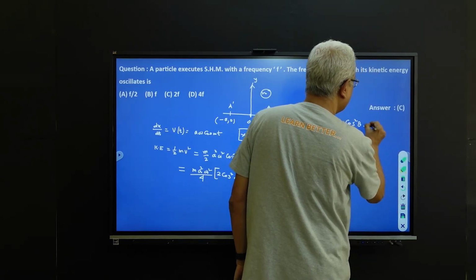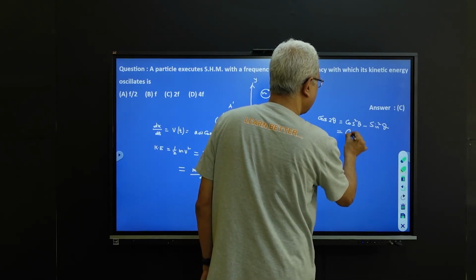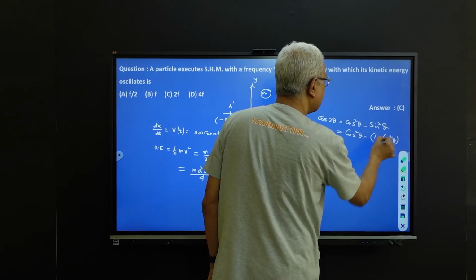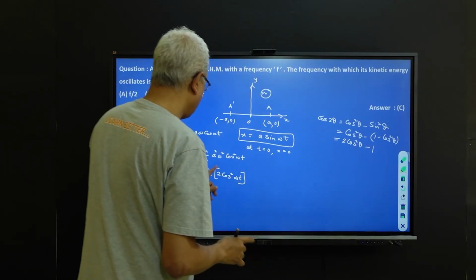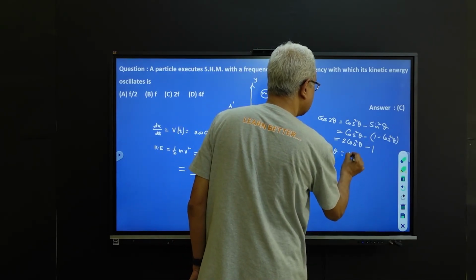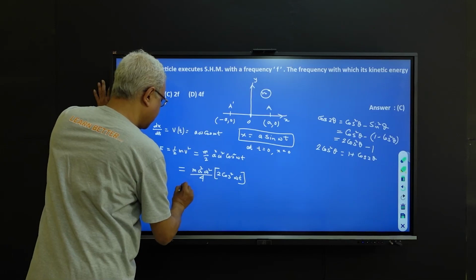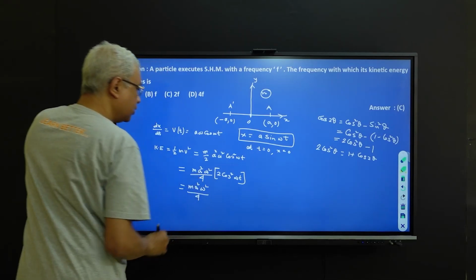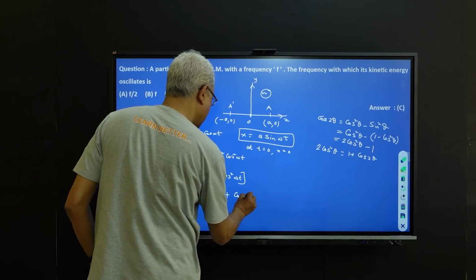Simple trigonometry. So it is cos square theta minus 1 minus cos square theta, so 2 cos square theta minus 1. So 2 cos square theta I can write as 1 plus cos 2 theta. So I can write m a square omega square by 4 times 1 plus cos 2 omega t.